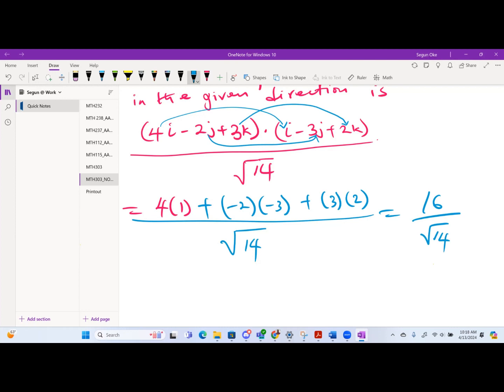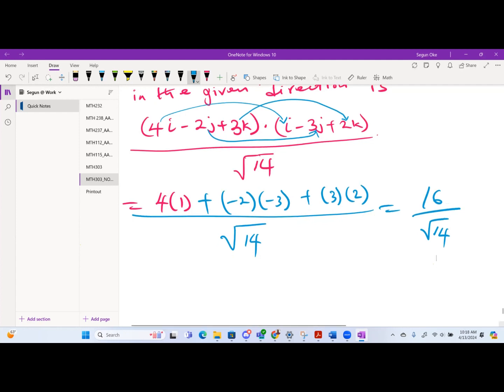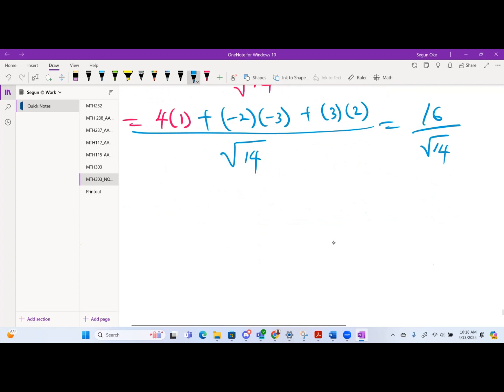Remember, this is a radical, and radical means square root. You cannot leave the radical as a denominator. You can rationalize it. Remember, root A multiplied by root A will give you A. So multiply both numerator and denominator by root 14.